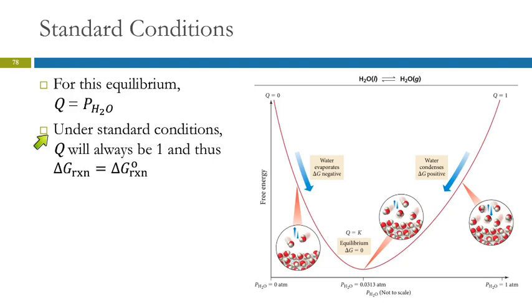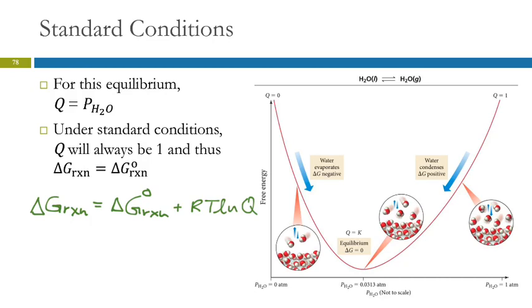So under standard conditions, what is the pressure of water? 1 atmosphere, because that's what a standard condition is. Q is always going to be 1. Well, if we've got our relationship there where delta G reaction equals the standard delta G plus RT natural log of Q, what is the natural log of 1? 0.